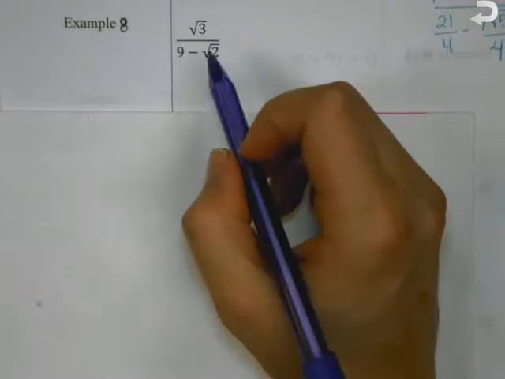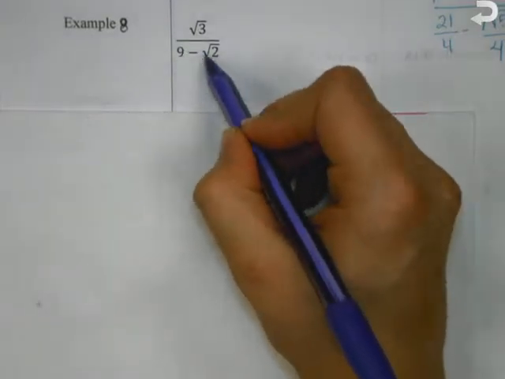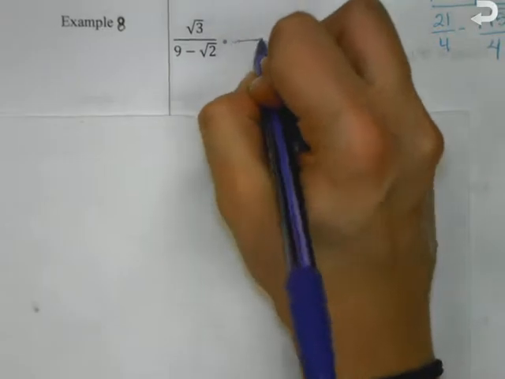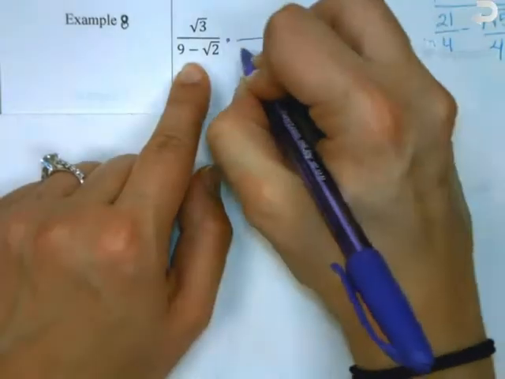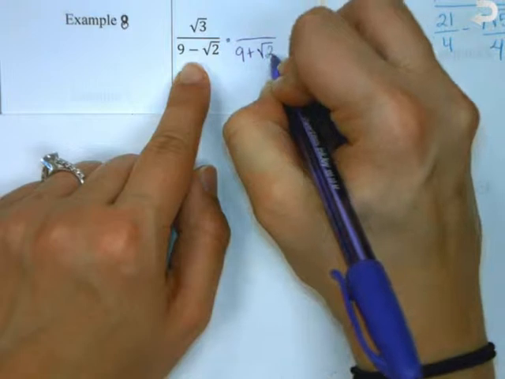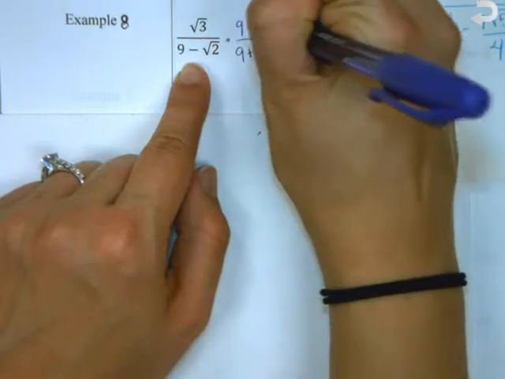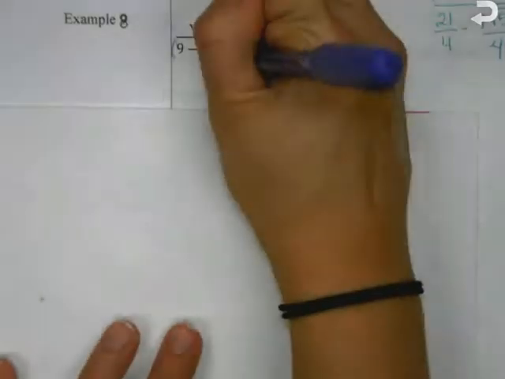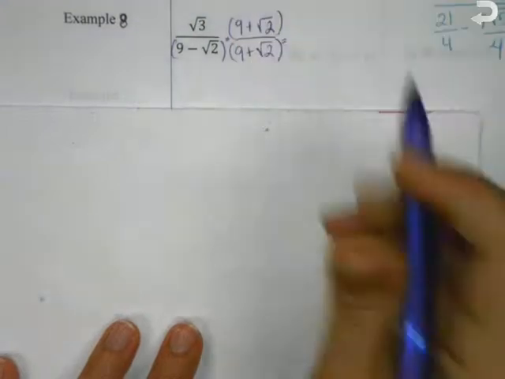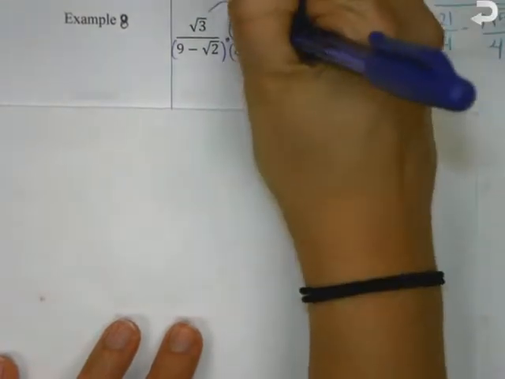What would the conjugate of that be? 9 plus root 2. Okay, so like I said, let's stick it in parentheses. This looks like distributive properties, so that's going to give me 9 root 3 plus root 6, right?